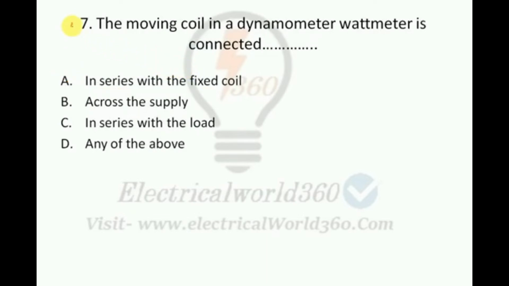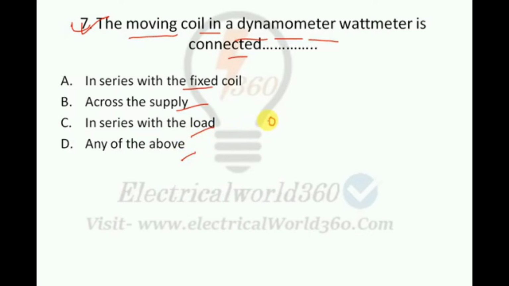This is the question number 7. A moving coil in a dynamometer wattmeter is connected in series with fixed coil, across the supply, in series with the load, or any of the above.